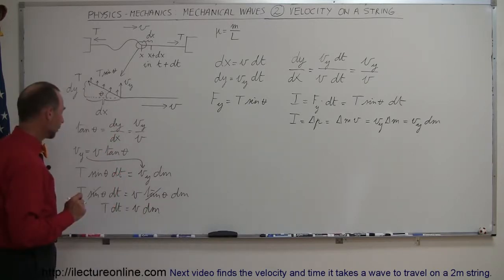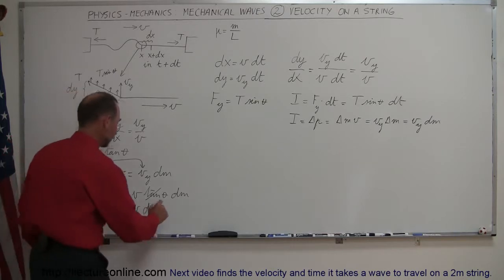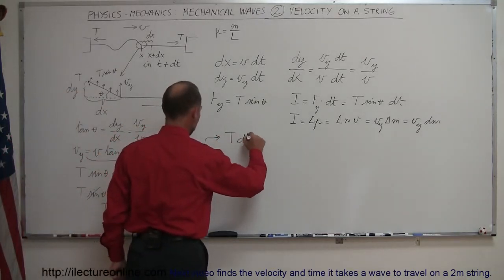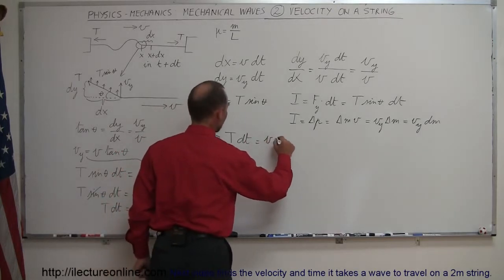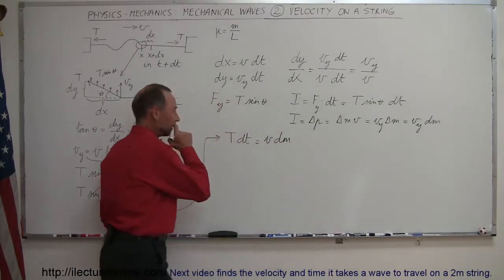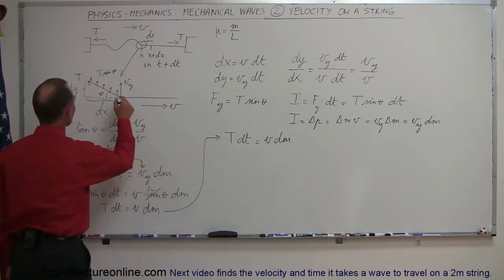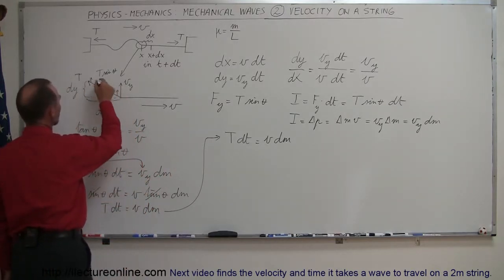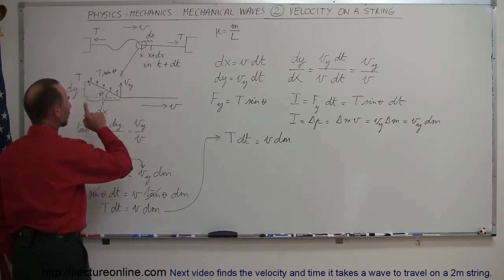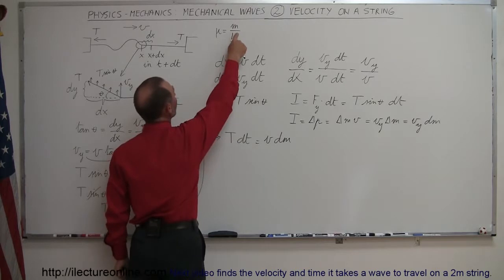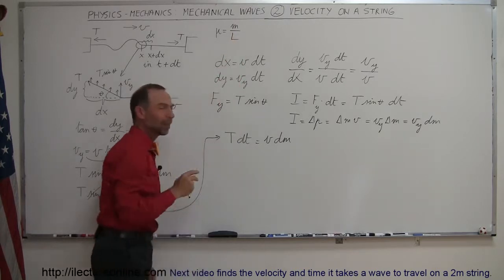I'm trying to find out what the v is right here. What we need to do now is bring that equation over here. We go T times dt is equal to v times dm. So we need to get rid of the dt and dm. Now dm is the mass of the small little section right here. And remember that the dm can be found by taking the mass per unit length and multiplying it by the length.